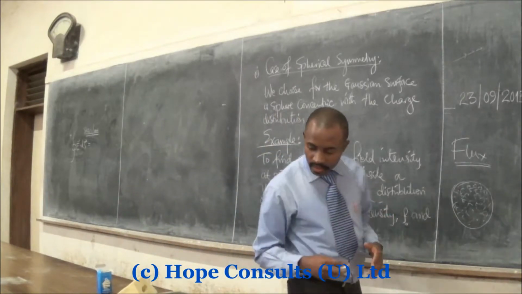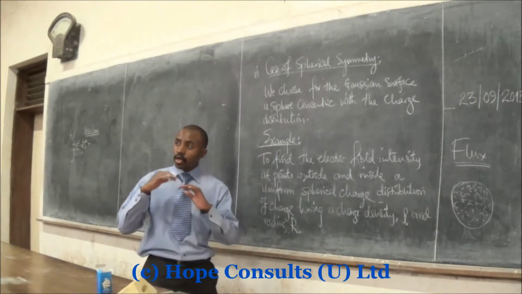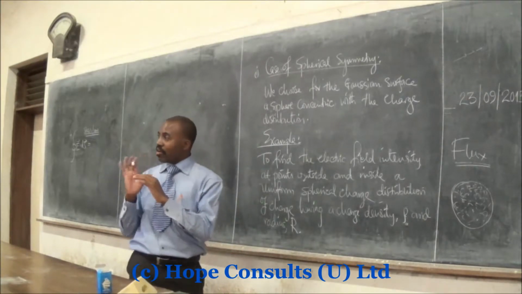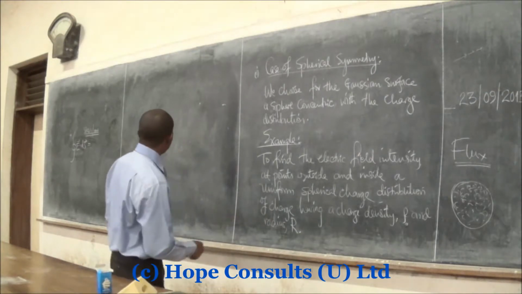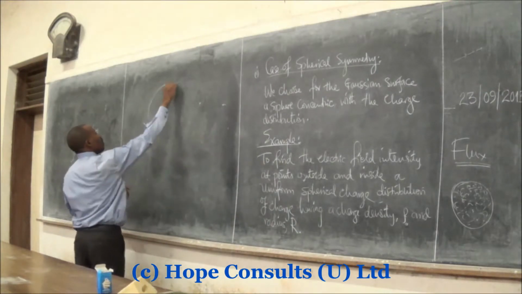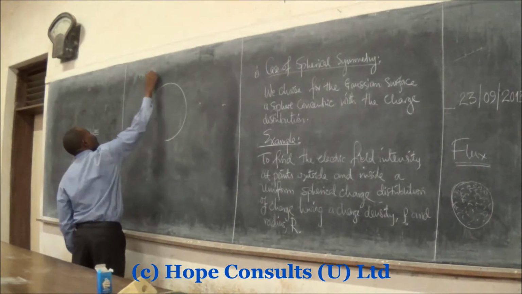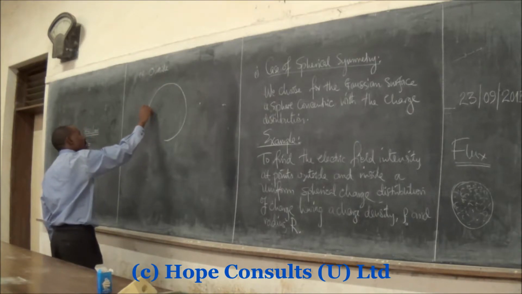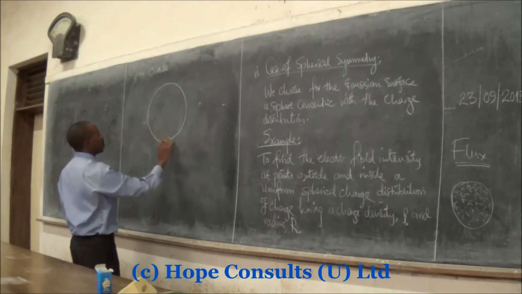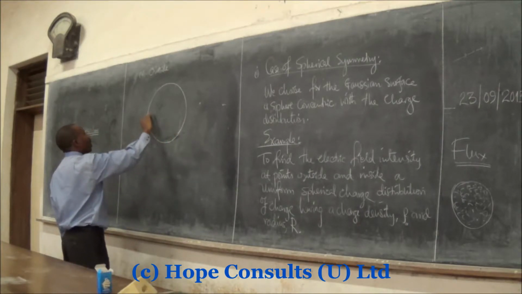So first, for the outside, we shall try now to draw a concentric sphere around that entungo, okay? This is our entungo, so this is outside.